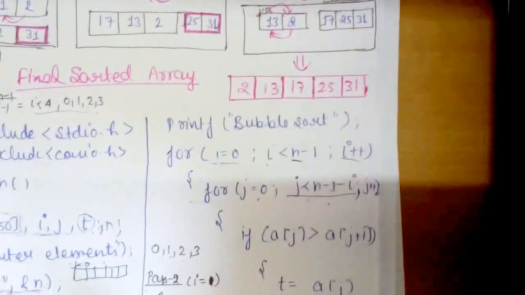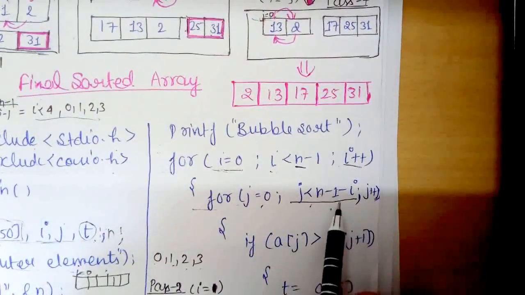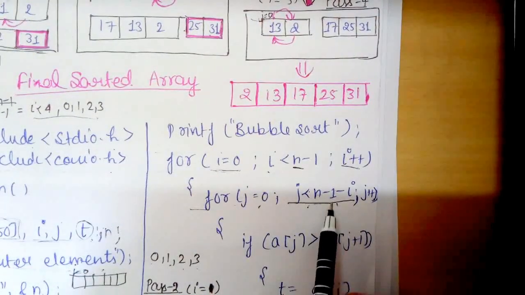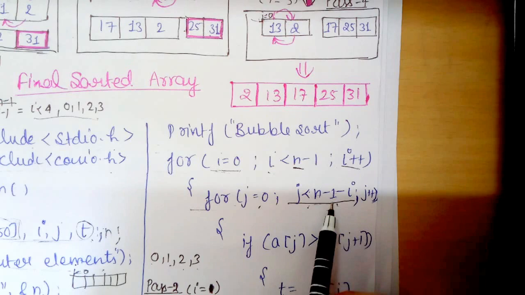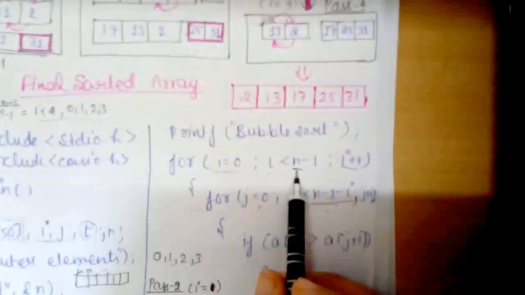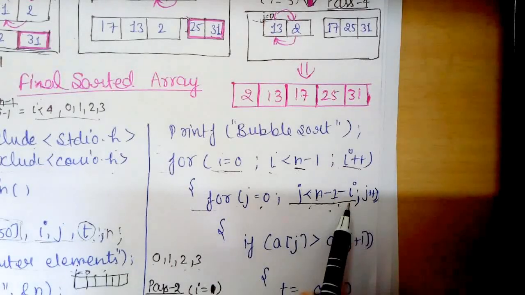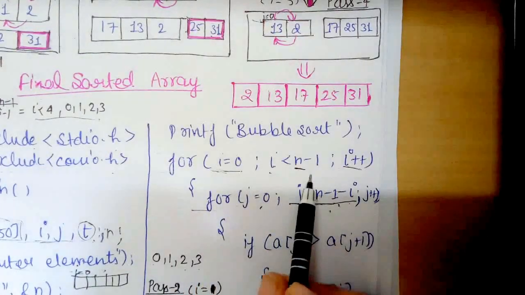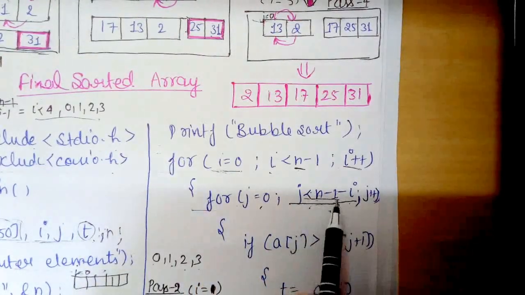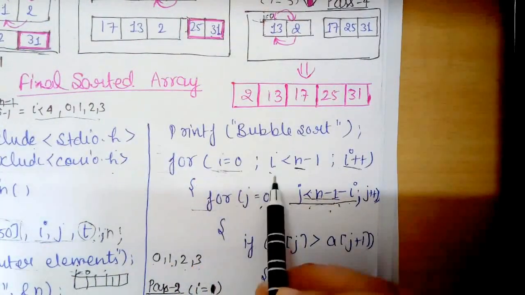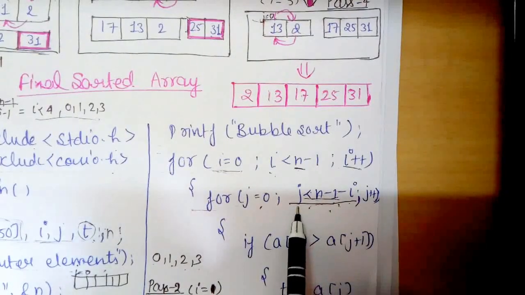So the condition is j less than n minus 1 minus i, because as the number of passes increases, the number of comparisons decreases. Now this is the loop for passes and this is the loop for comparisons.